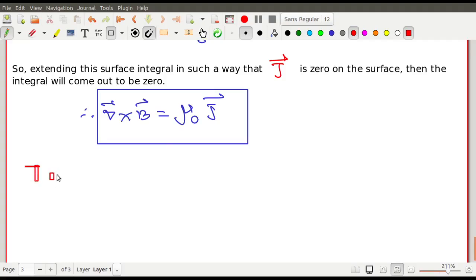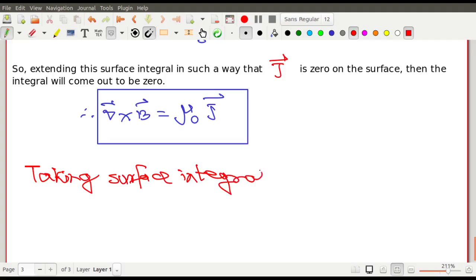Taking surface integral, what happens? If you take a surface integral, this comes out to be the curl of B dot ds.